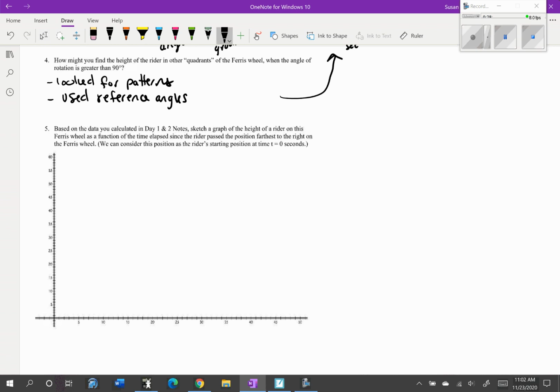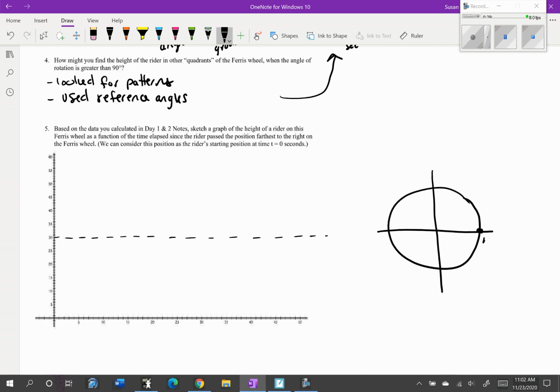So I'm going to put what I call the midline at 30 feet, because that is from the starting position. And if we think about our Ferris wheel, that is here where we're starting. So the midline is the middle of our graph, and our graph is going to go up and down from the middle of this graph.